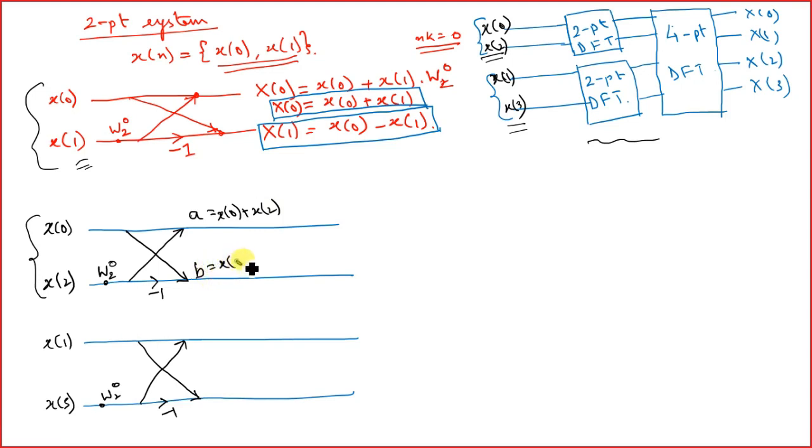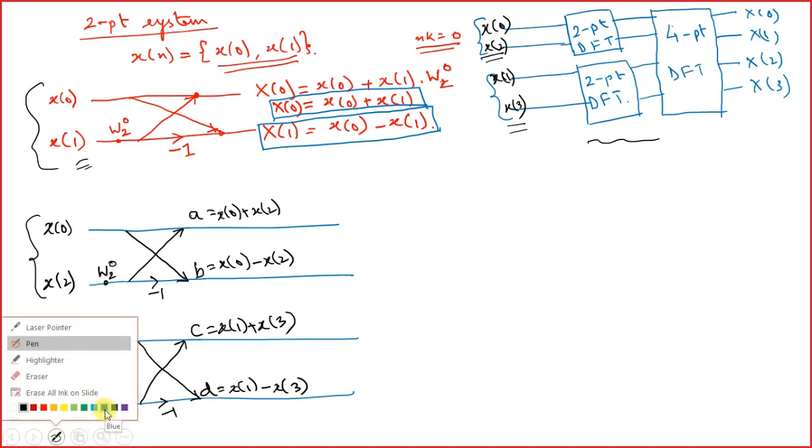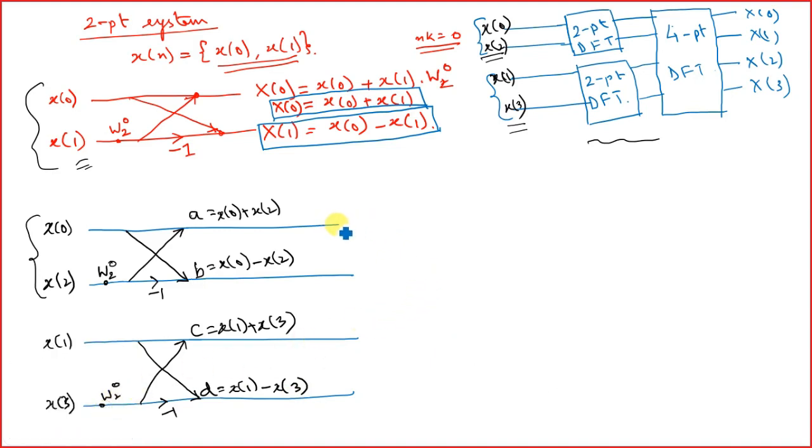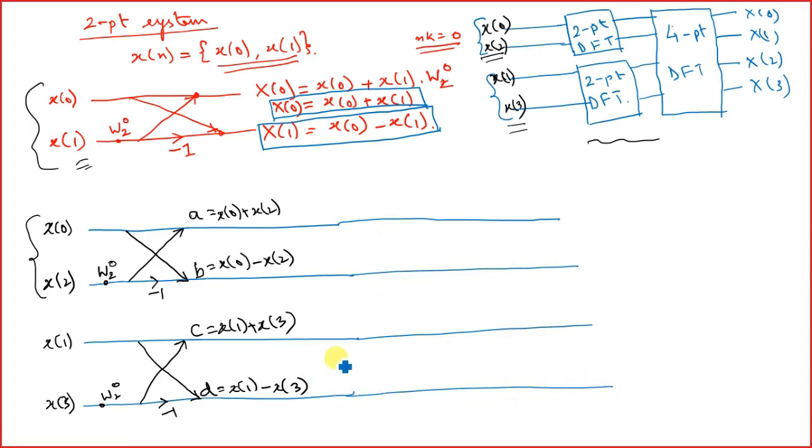Similarly, C would be x1 plus x3, and D would be x1 minus x3. Am I clear? Yes, sir. Okay, great.